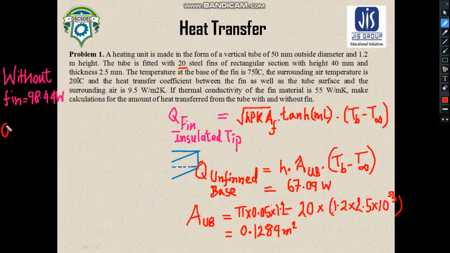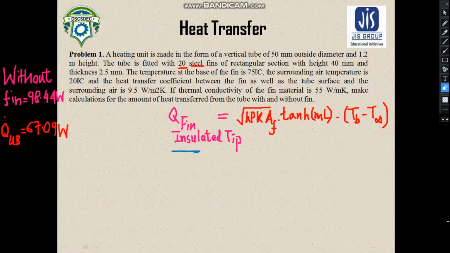So Q_UB, that means heat transferred through the unfinned base area, is found to be 67.09 watts. Now we need to find out the heat transfer through the 20 steel fins which are attached.